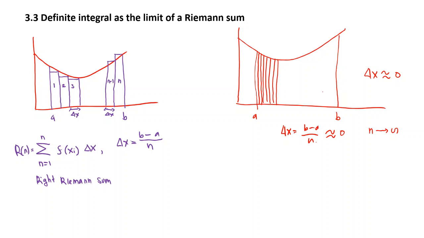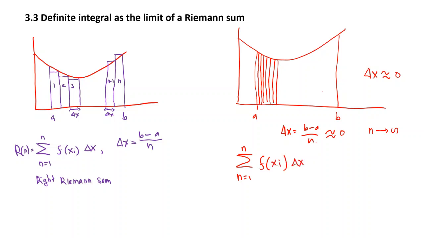So how can we include this notation in the Riemann sum? In the Riemann sum, we have the sum from i equal to 1 until n of f(xi) delta x.